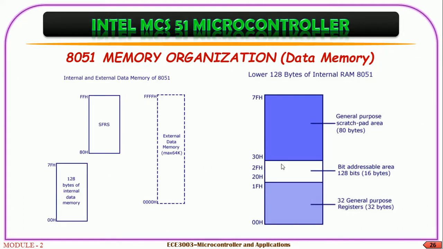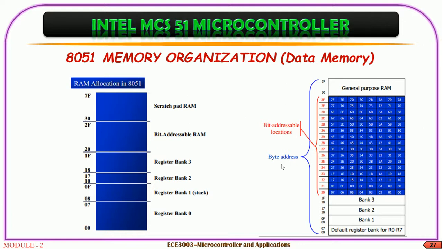From 00H to 1FH represents 32 general purpose registers, 20H to 2FH is the bit addressable area, and 30H to 7FH is the general purpose scratch pad area. The bit addressable area is 16 bytes and the 32 general purpose registers are 32 bytes.